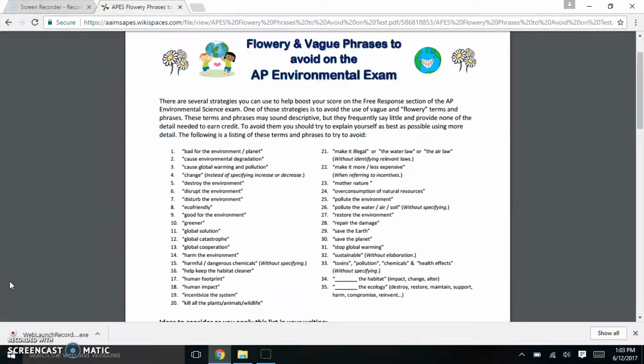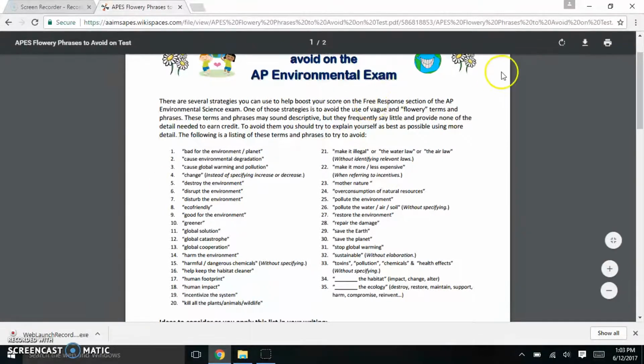Different things. We can be more specific. So as we look at these, look at what's being stated. It's very broad, pretty vague, and how can we better that answer, showing that we know what we're talking about?